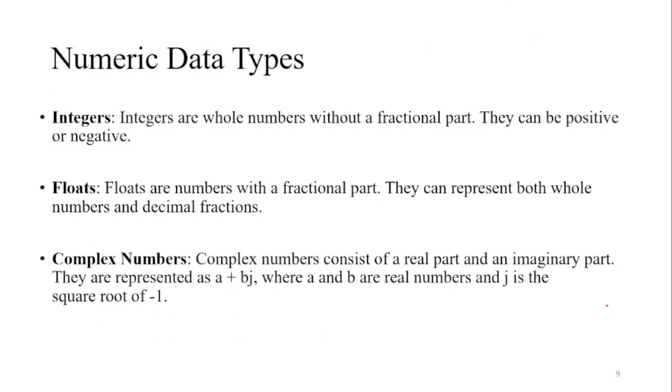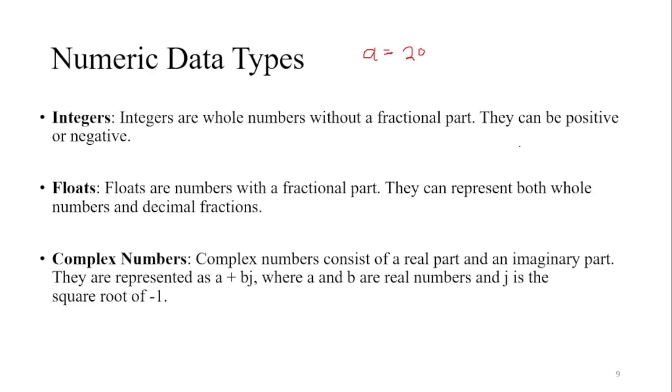When you talk about integer data types, an integer is a whole number without a fractional part. Just like I said, I define a variable a, and my variable a stores the value 20, so it does not have a fractional part.